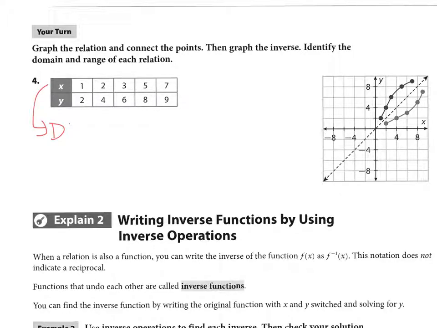The domain is what? x such that x is between 1 and 7. Now our range, I spoke there: our range is y such that y is between 2 and 9.